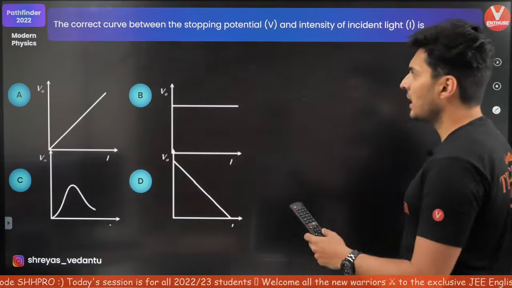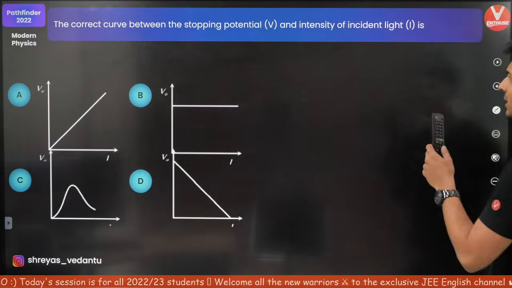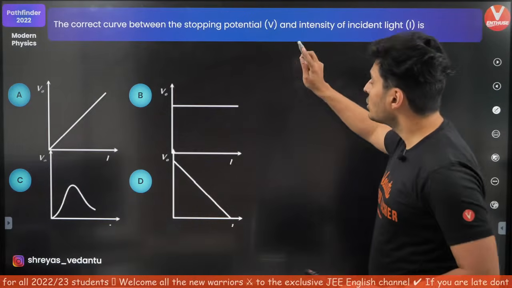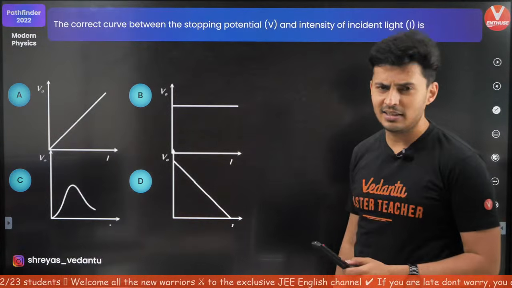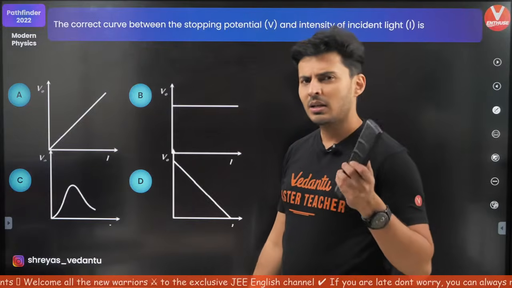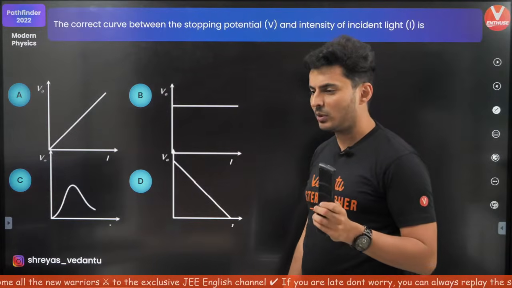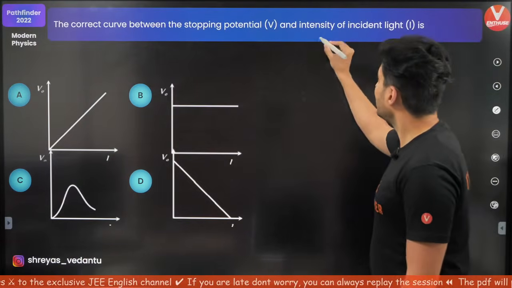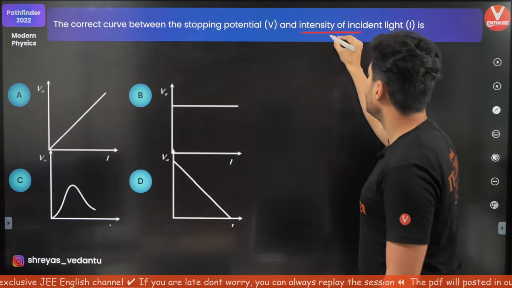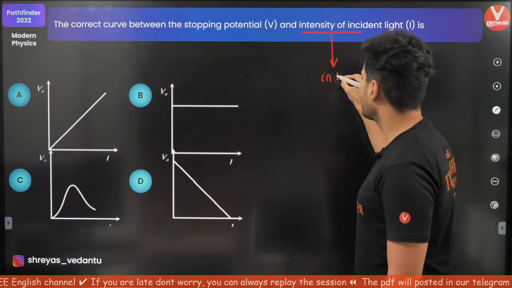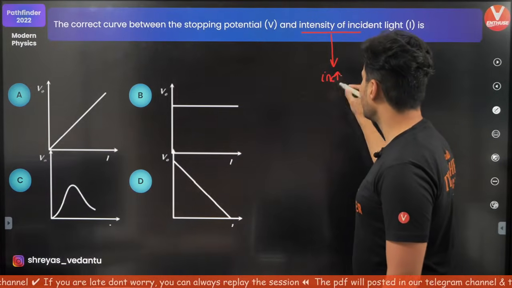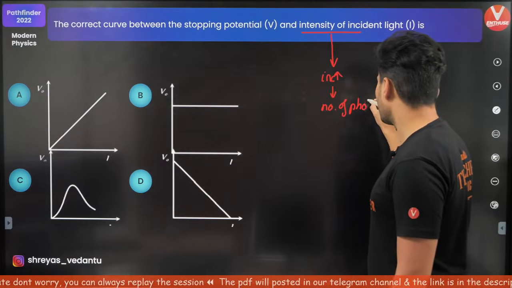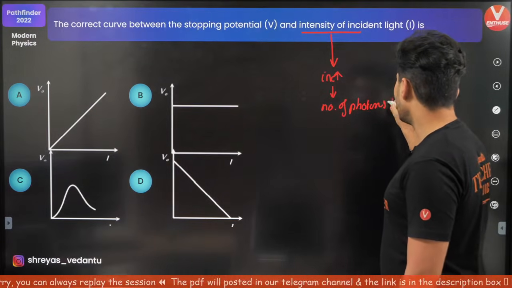Okay, moving on. The correct curve between the stopping potential and the intensity of the light is? What is the correct relationship between stopping potential and intensity? Think, guys. How does intensity affect stopping potential? Well, we all know that if the intensity increases, number of photons will increase.